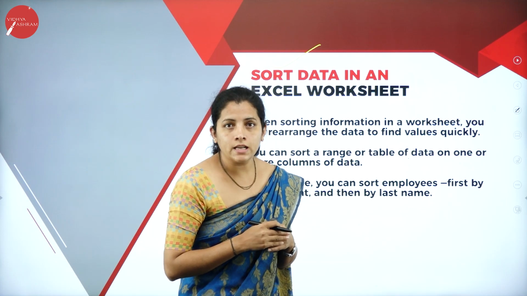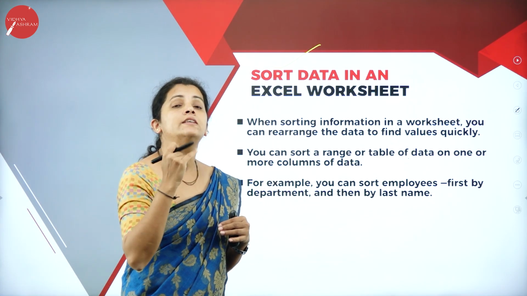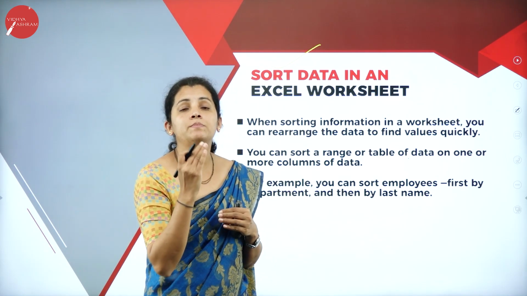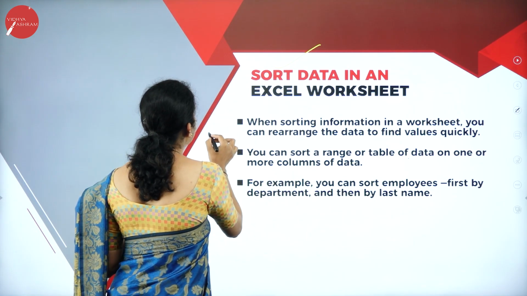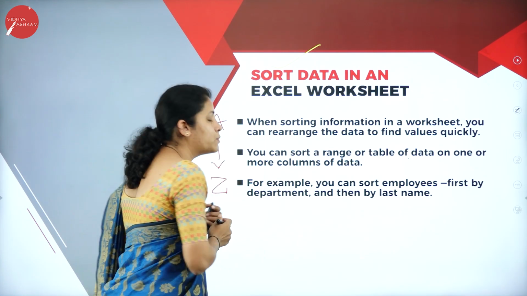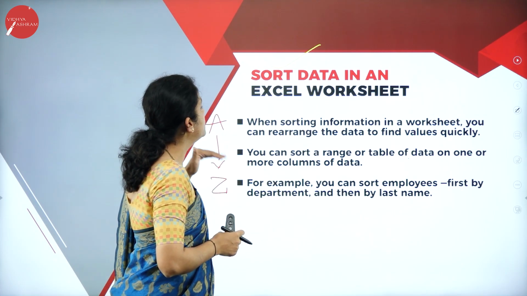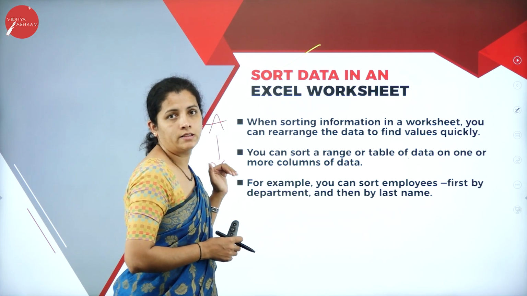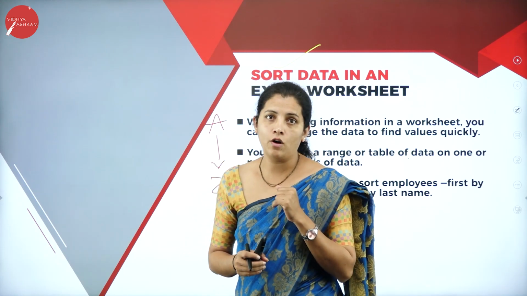If I consider the example that I have a certain list of names and I want to organize those names in ascending order, then I'm going to start from alphabet A to Z. That means I'm going to arrange the data or names which start from A, and it's going to end with Z. That means I'm going to align the data in alphabetical order.